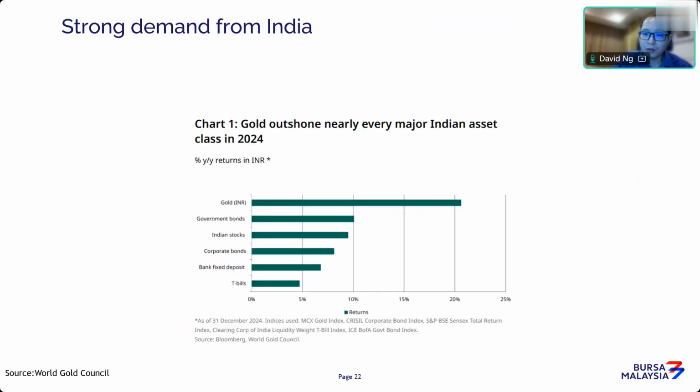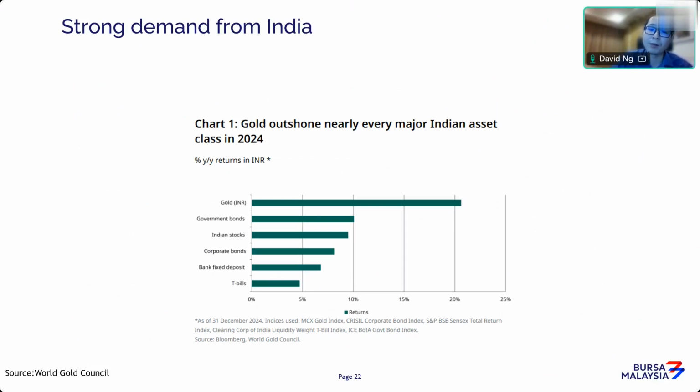Now, I'm not going to go too much into India. India, again, is very jewelry demand centric. Jewelry is a big segment in the overall gold demand. So as long as India, whether it is to fight inflation or because they believe they now have more spending power since they've been keeping gold for quite some time, and gold prices are inching higher to record levels, their wealth effect has increased.